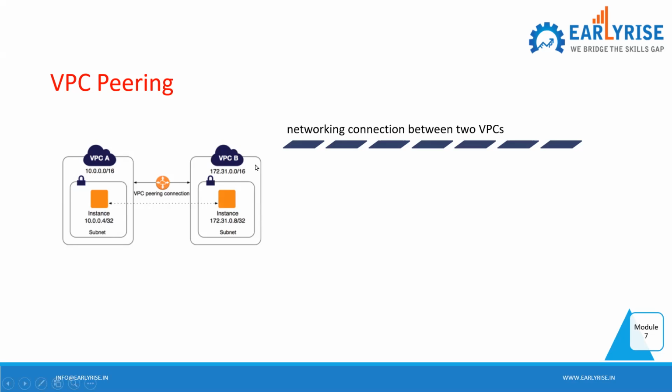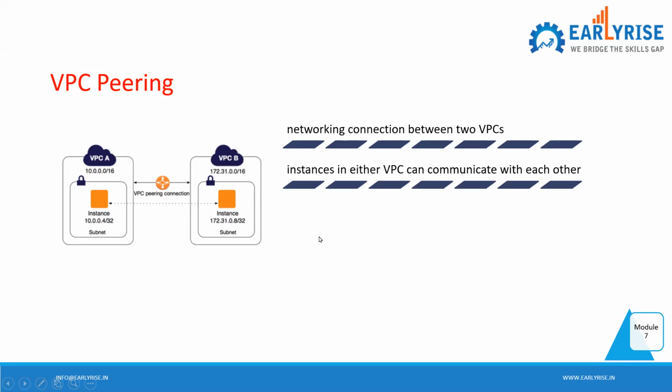This works between different AWS accounts, my account and your account, or within my own account. It may be between different regions also, or within the same AWS region. All those connections are possible here. So VPC peering is a networking connection between two VPCs. Instances in either VPC can communicate with each other.